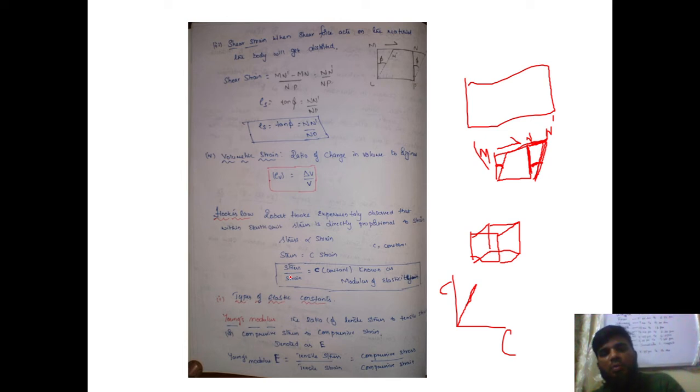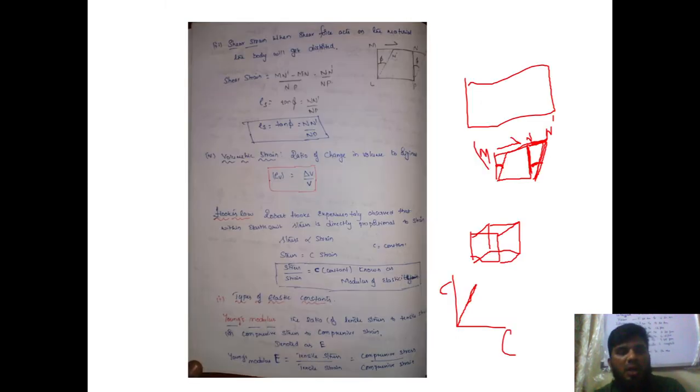So what are the various types of elastic constants we generally have: Young's modulus, next is modulus of rigidity, and the last one is bulk modulus. Now if you see Young's modulus, generally the Young's modulus is the ratio of tensile stress to tensile strain or compressive stress to compressive strain.